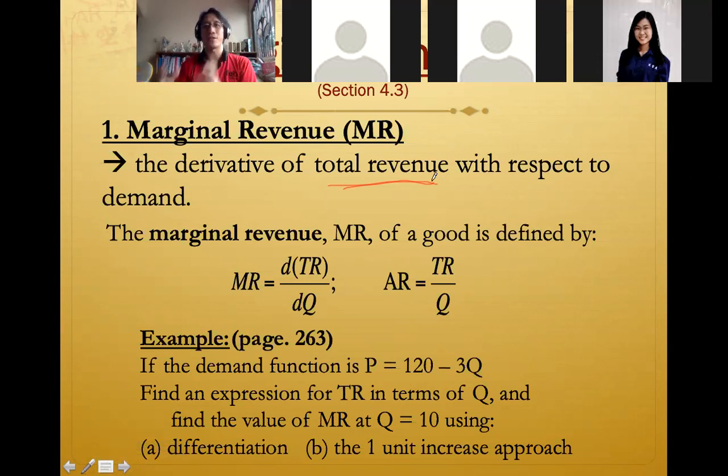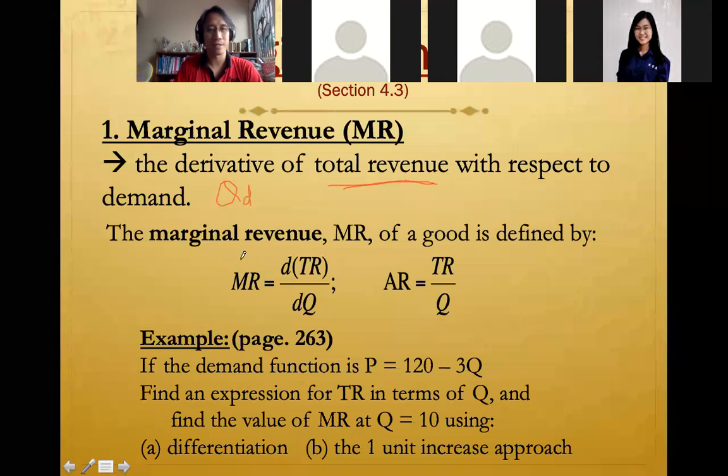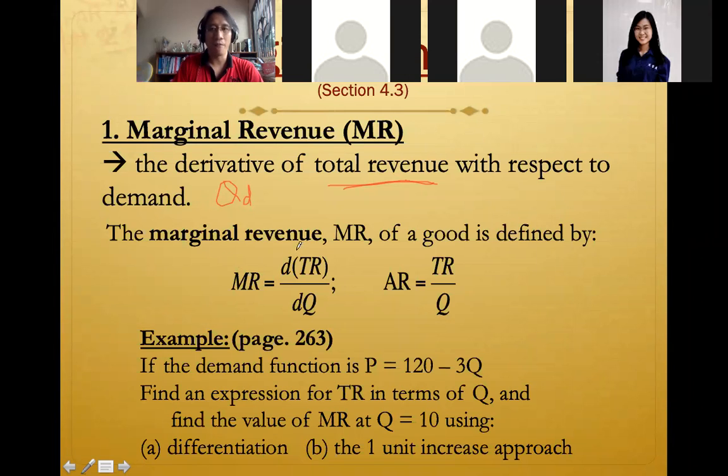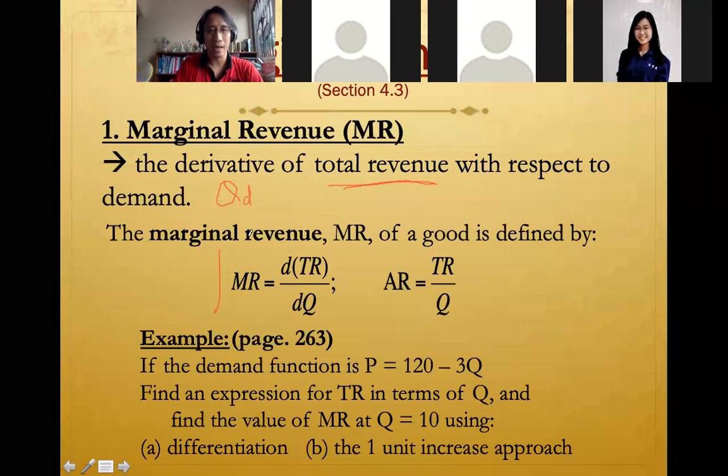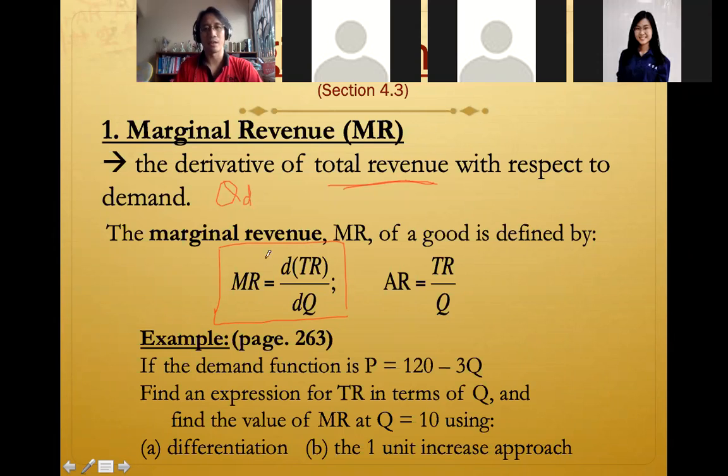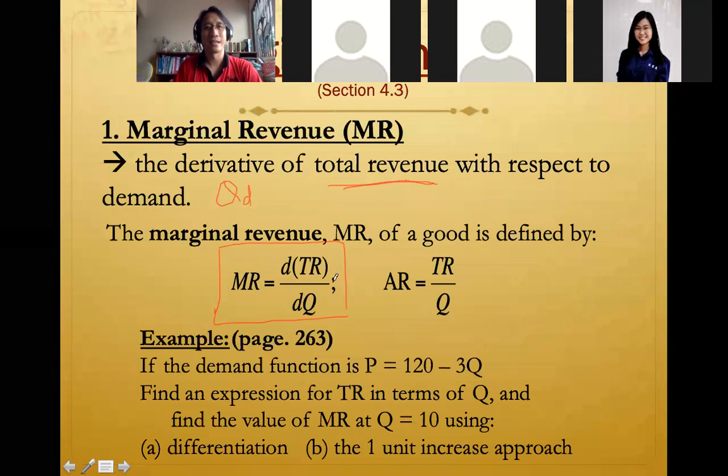So the derivative of total revenue with respect to demand, dTR by dQ, the quantity demanded, or in the previous tutorial, maybe we call it QD. So the marginal revenue of a good is defined by MR, which can be found through differentiating the total revenue with the quantity demanded, or dTR by dQ.